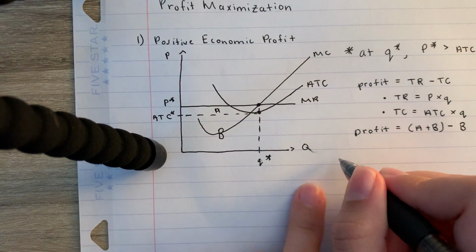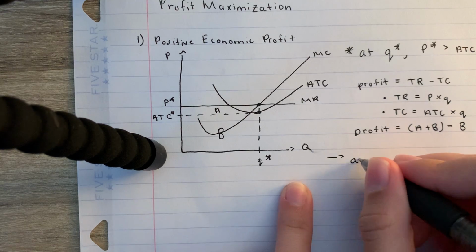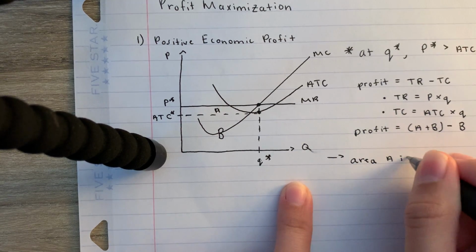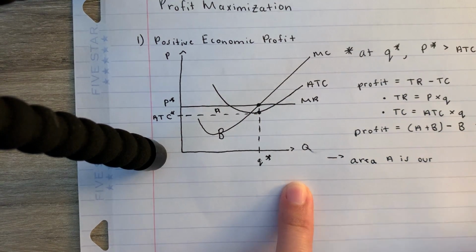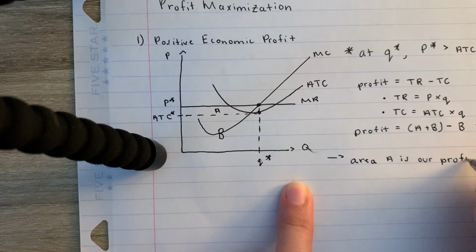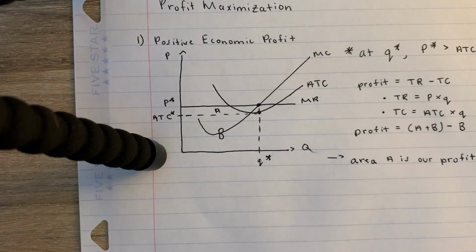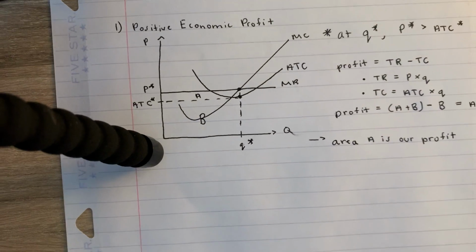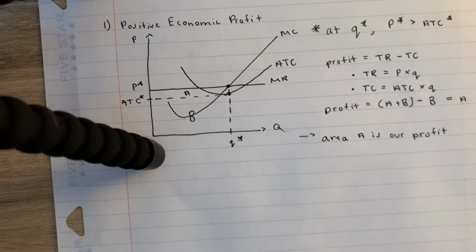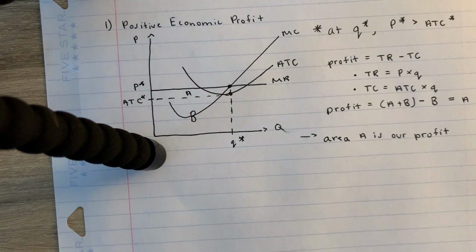So we can interpret that as our profit. Hopefully you can see all of that. This is in the case of positive economic profit.